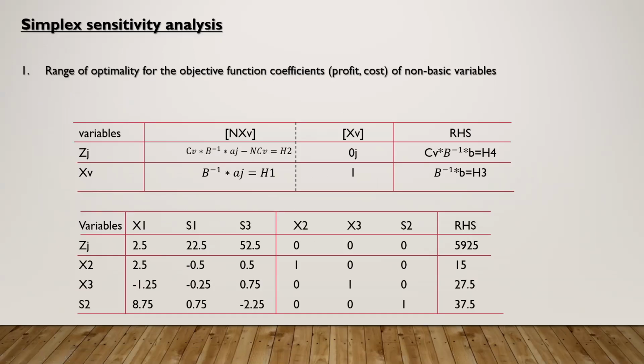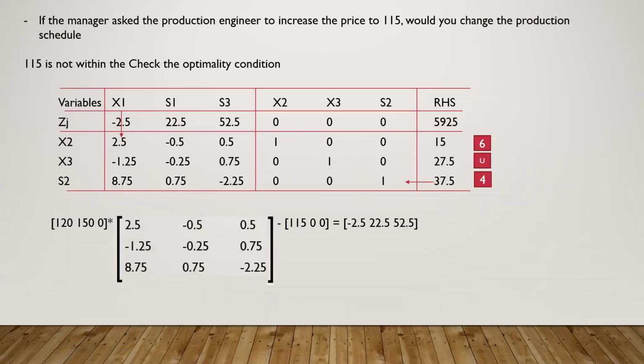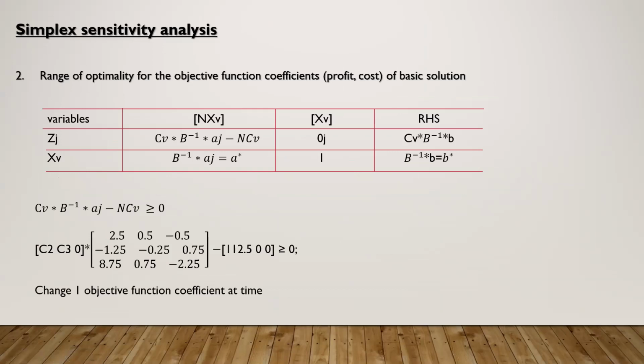So what we have done here is to see what makes this solution optimal. We have some constraints or restrictions. The first thing is that this line over here should be greater than or equal to 0.